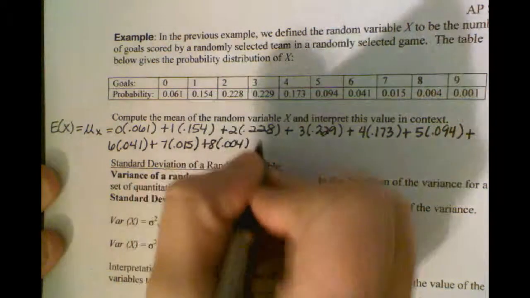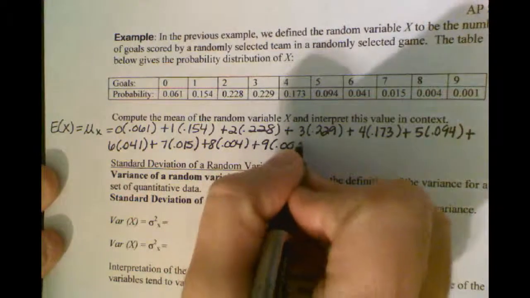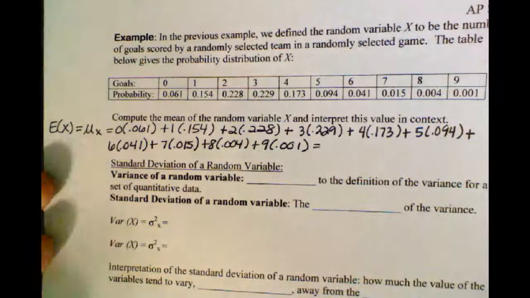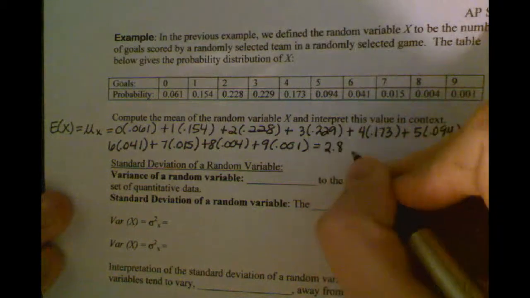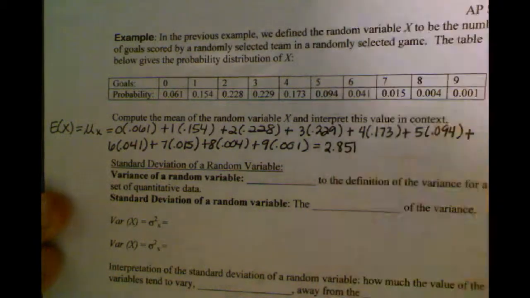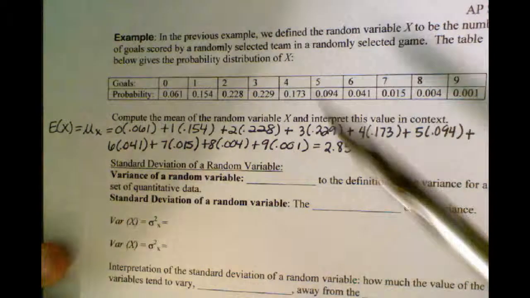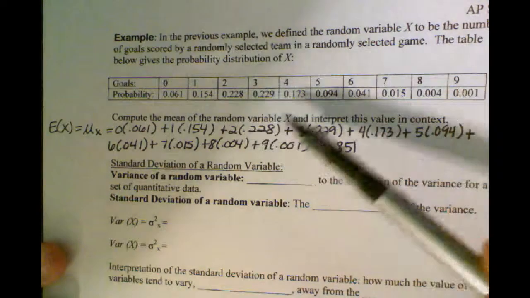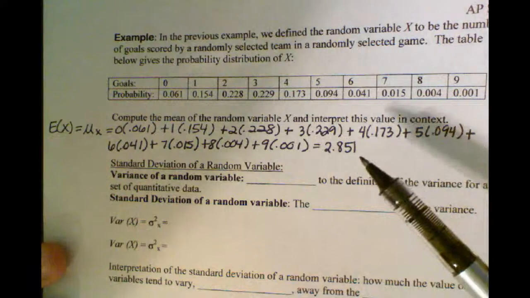Okay, so if you did all of that, plug it into your calculator, it should come out to 2.851. That makes total sense because the two highest probabilities are 2 and 3. So we'd expect the mean to be near them, 2.851.